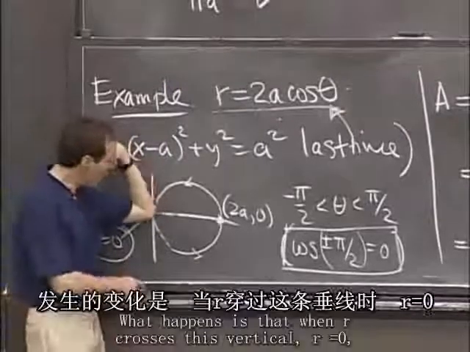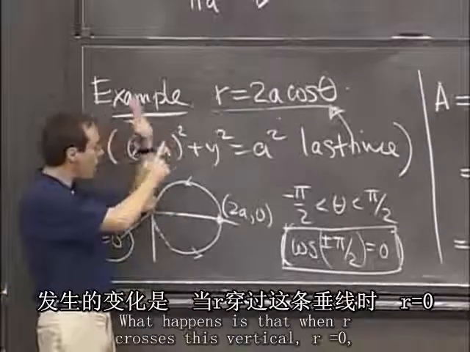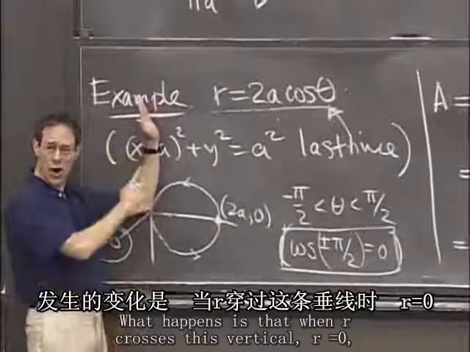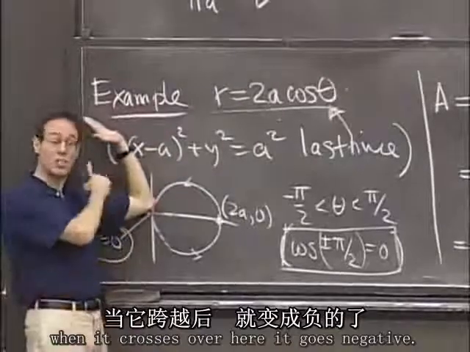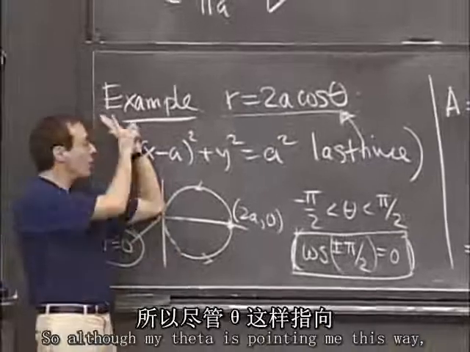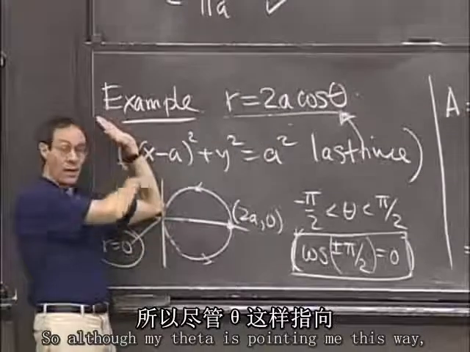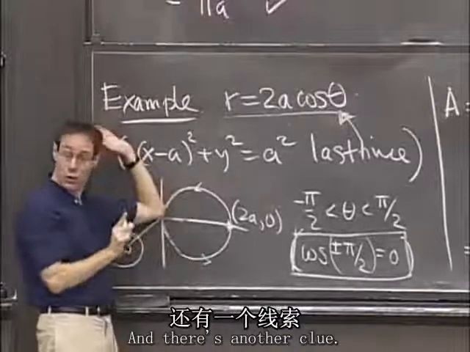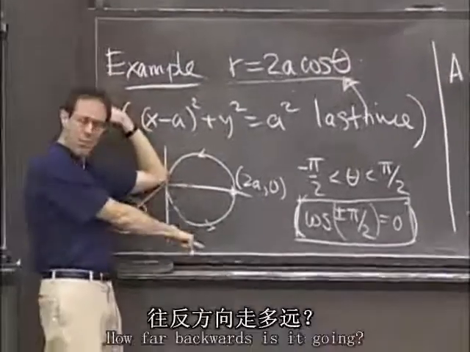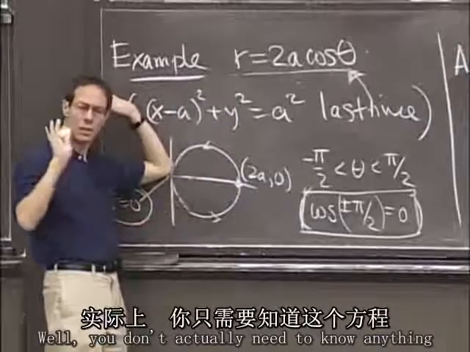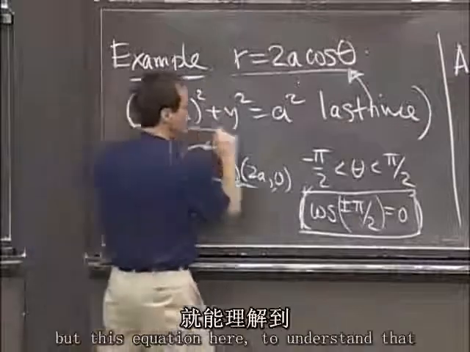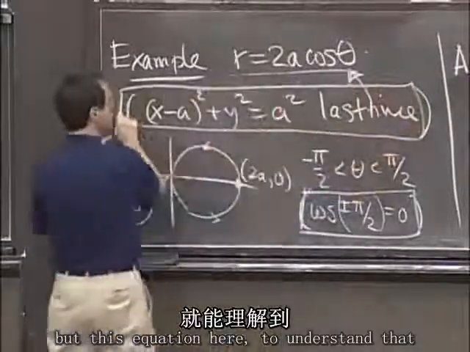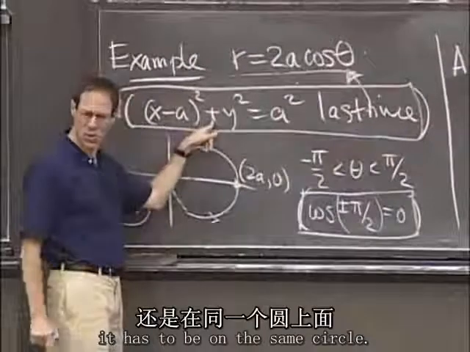That's right. What happens is that when theta crosses this vertical, r is 0. When it crosses over here, it goes negative. So although my theta is pointing me this way, the thing is going to go backwards. And there's another clue, which is very important. How far backwards is it going? Well, you don't actually need to know anything but this equation here to understand that it has to be on the same circle.